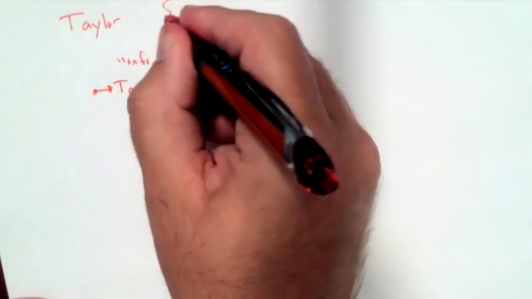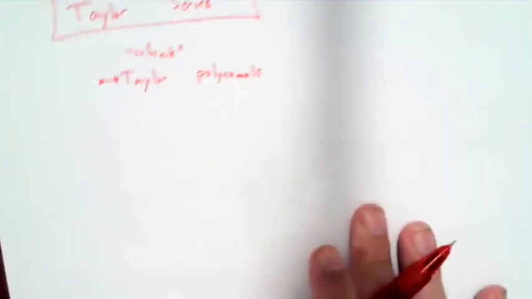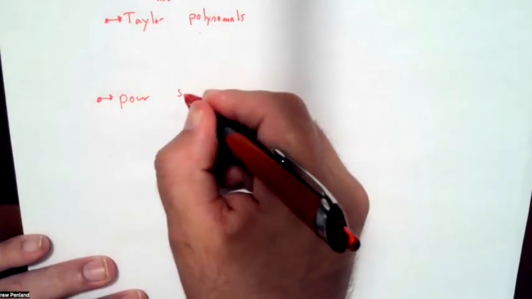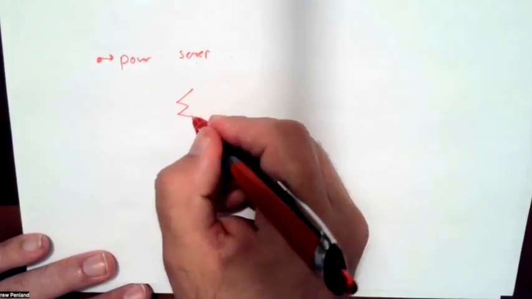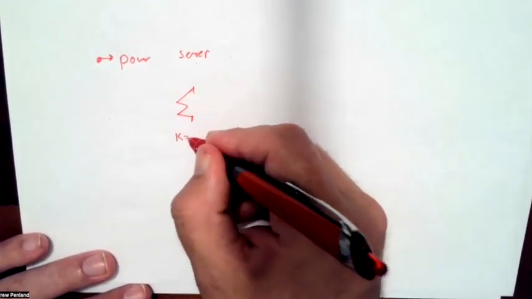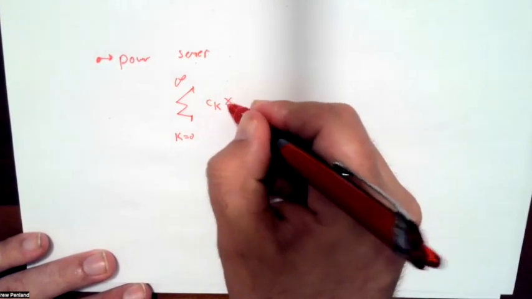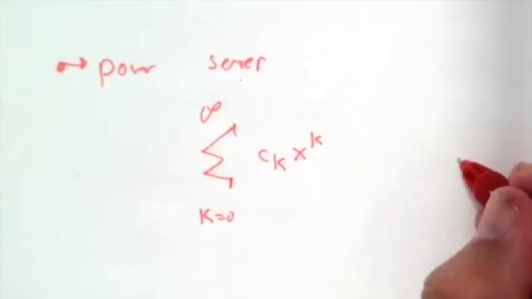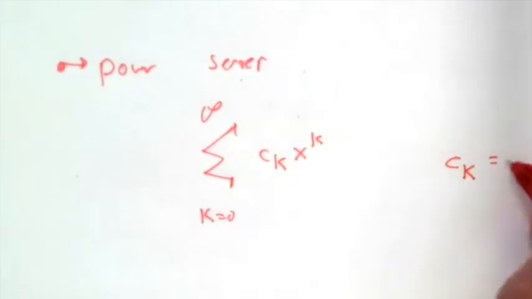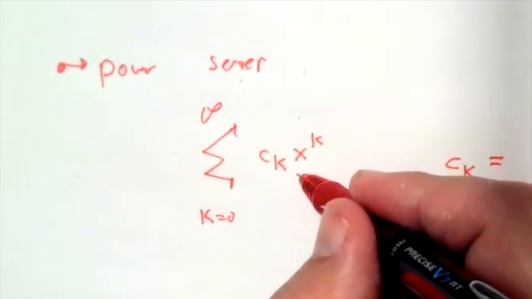The other thing to recognize about Taylor series is that they are a special type of power series. Power series are something we saw a bit ago where we had some kind of coefficient on each of the powers of x, and these could be used to represent functions. It's just that in a Taylor series, we have a very special formula, and we're not necessarily going to have to use x.